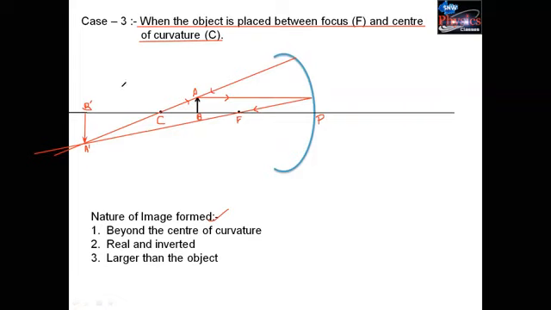The image we got is beyond the center of curvature, real and inverted. Inverted means upside down. And obviously it is larger than the object. We can see the object's size here, and the image height is this one. So it is larger than the object.